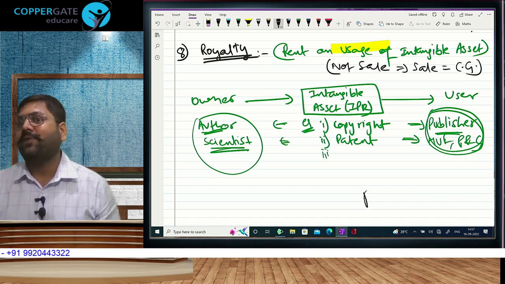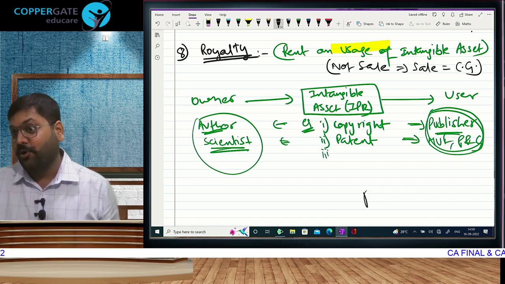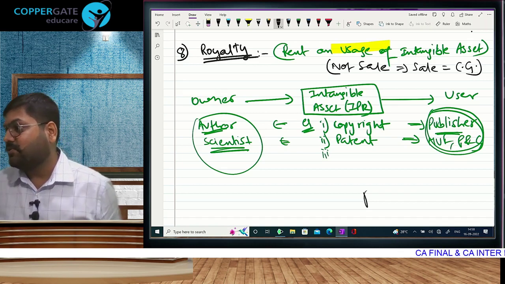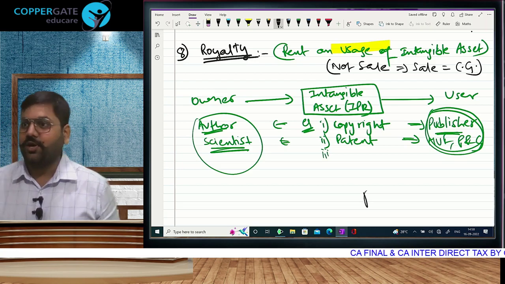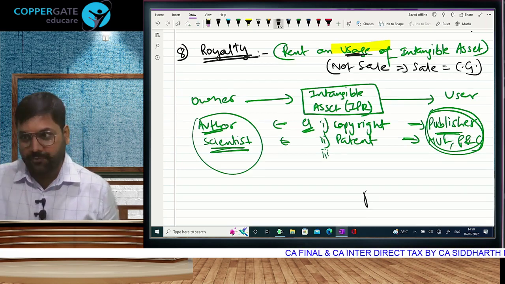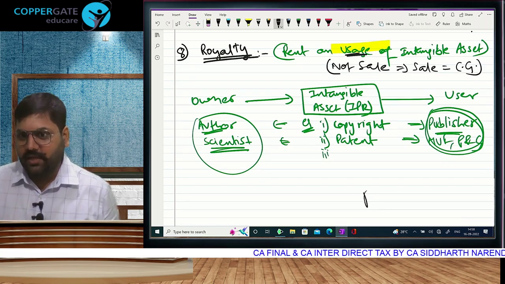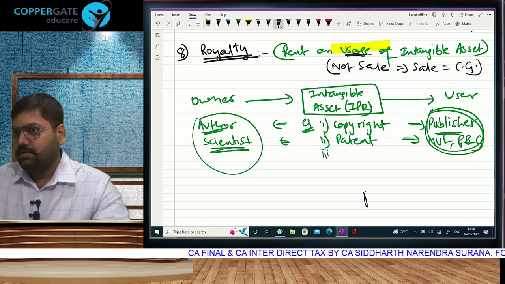Then it is sale of my intellectual property, capital gains. But I have given only for usage while retaining control. It's a non-exclusive arrangement. Did you understand? That's royalty because it is only for usage. You have to examine the facts of every transaction. Then only you will be in a position to take a call. Examine the facts.